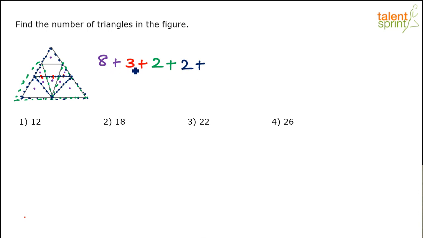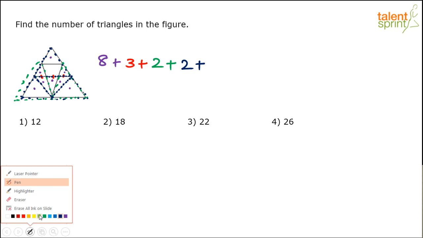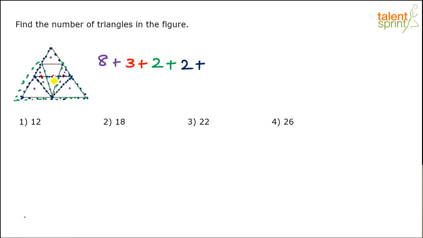What's the total count? 8 plus 3, 11. 11 plus 4. Okay, I'm still at 15. 3 more. I've got 2 of these at least. Which color should I use? Let me use this yellow. These triangles. Trust these were not counted earlier. So 2 more. So 6 plus 3, 9 plus 8, 17.